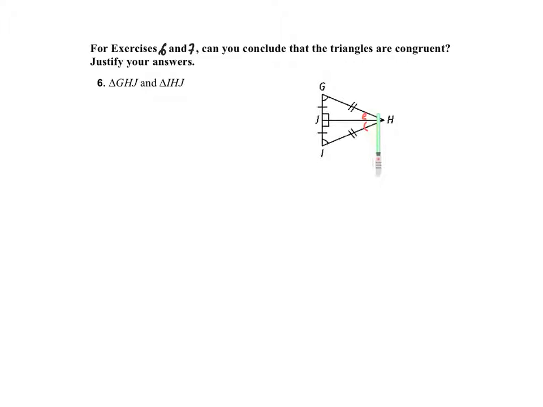So GHJ has to be congruent to IHJ because of the third angle theorem. I know that GH is congruent to itself, JH is congruent to JH, because of the reflexive property. So I can conclude that triangle GHJ is congruent to triangle IHJ because all the corresponding parts are congruent.